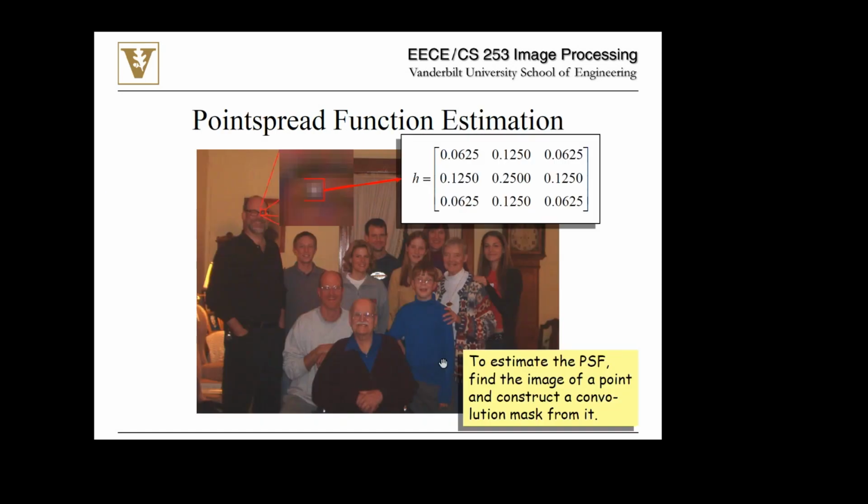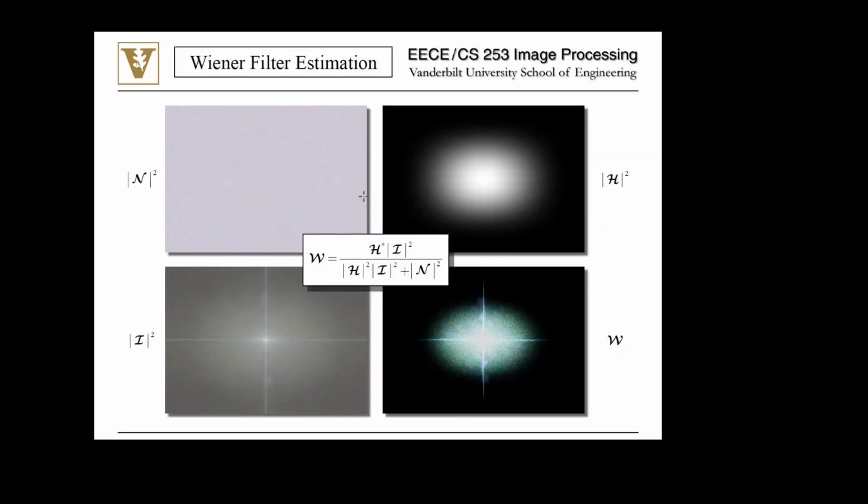Now, let's take a very small point in the image from here. There is a reflection of the flash. So this should be a point, an ideal point. But it is not a point, it's spread. So the point spread function. Now you estimate the point spread function of that very black point. Okay, so now we have the PSF.